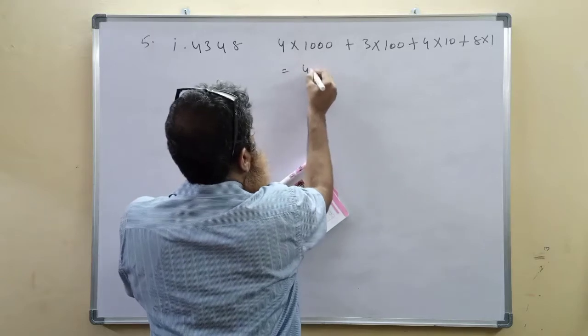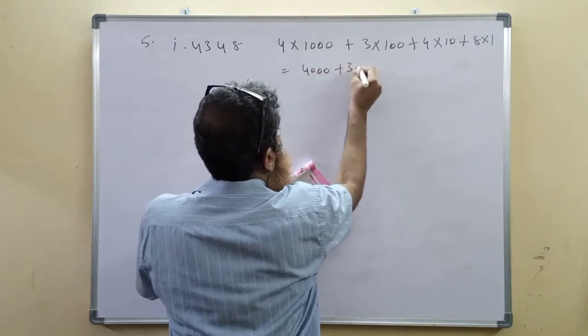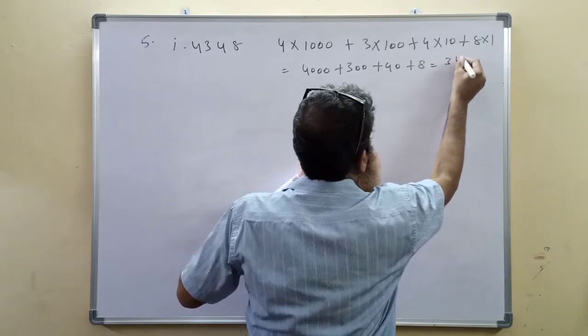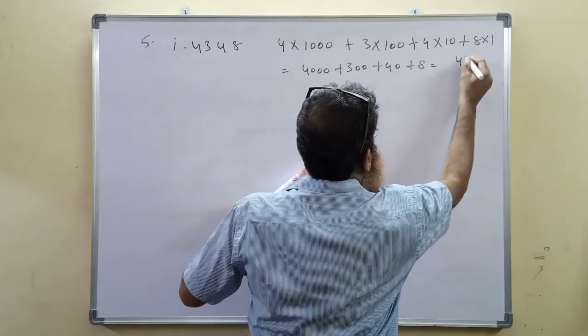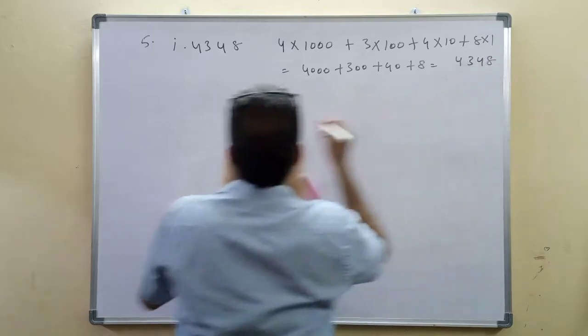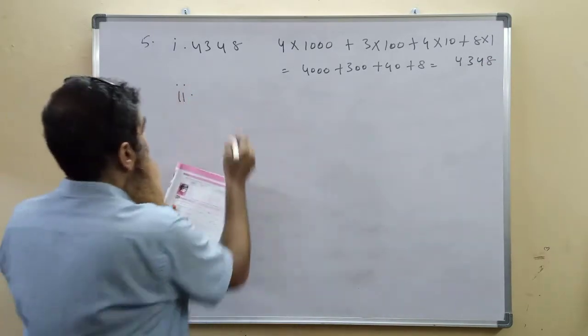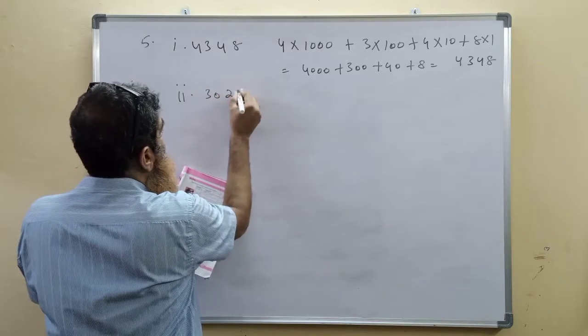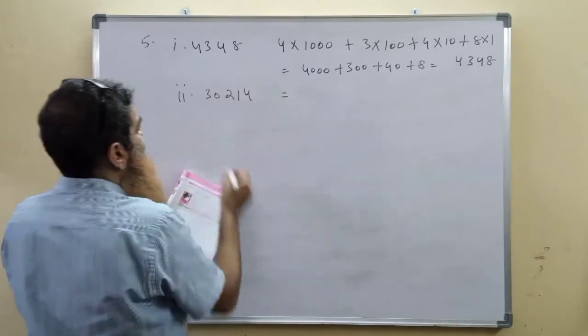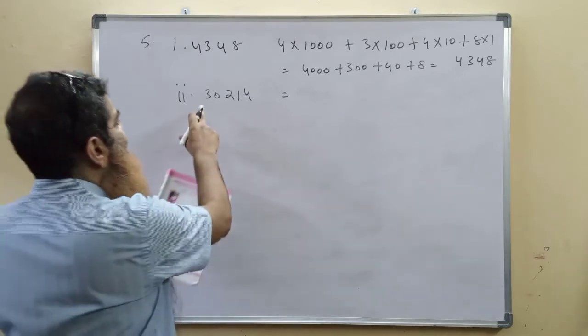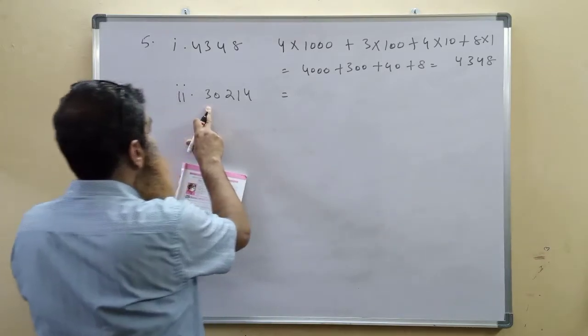Then we have 4,000 plus 300 plus 40 plus 8, that is equal to 4,348. Second bit, we have 30,214. We don't have any number in the thousands place. We have 30 in the ten thousands place.